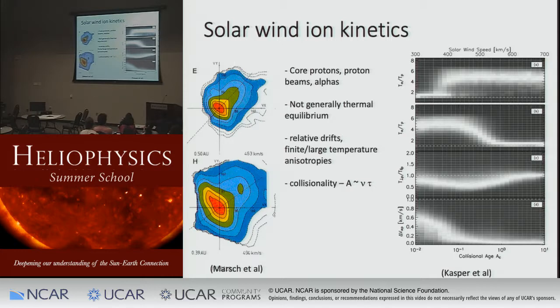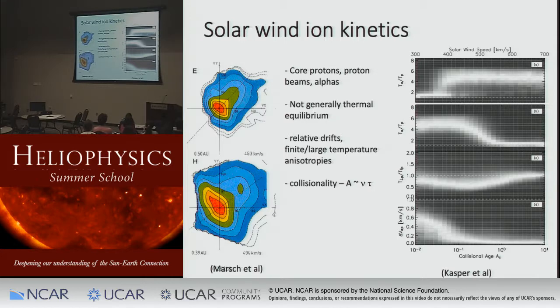So this panel on the right is from a paper in maybe 2010 or so by Justin Casper, showing data in the solar wind at 1 AU from NASA's WIND spacecraft. These are histograms, so intensity is just the counts of the data.